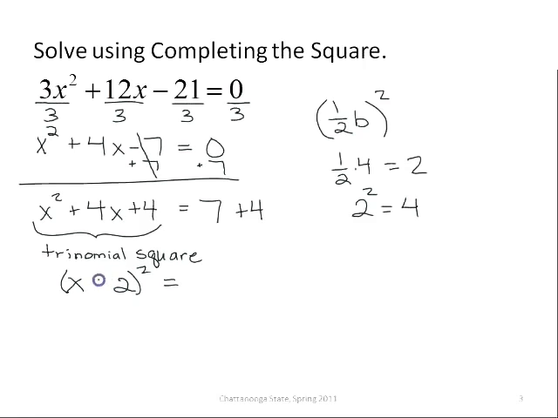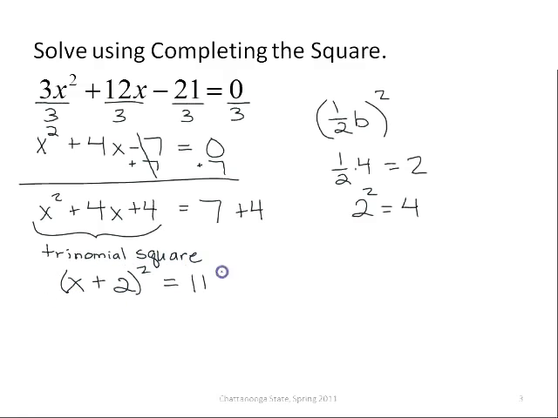So x squared plus 4x plus 4 factors into x plus 2 times x plus 2. So I can write that as x plus 2 squared. Now on the other side of the equation, the 7 plus the 4 gives me 11.